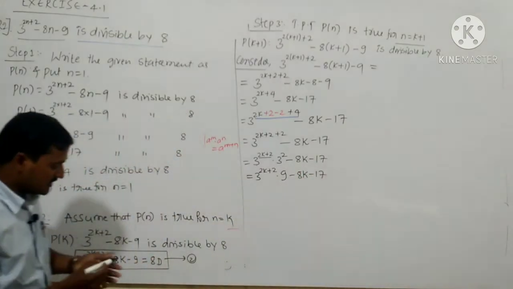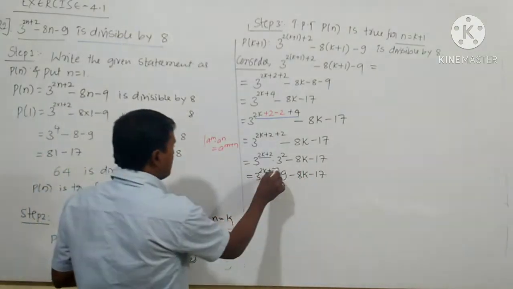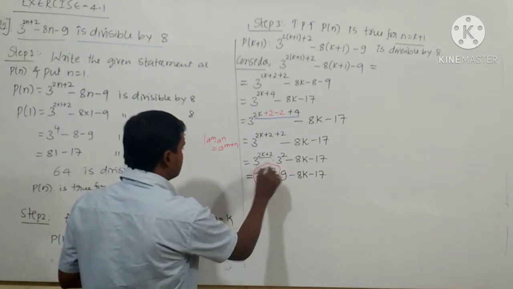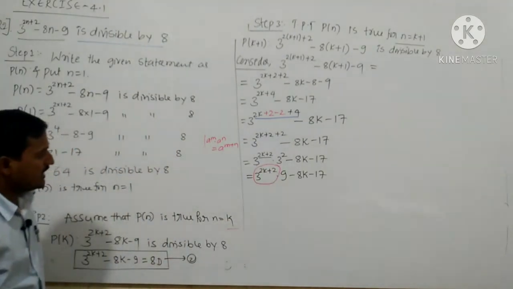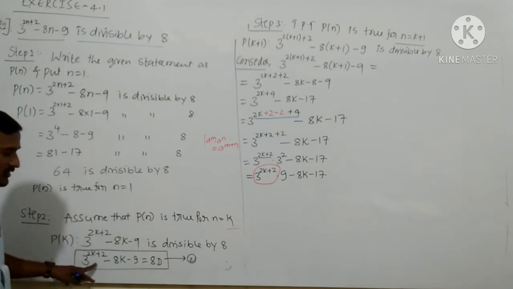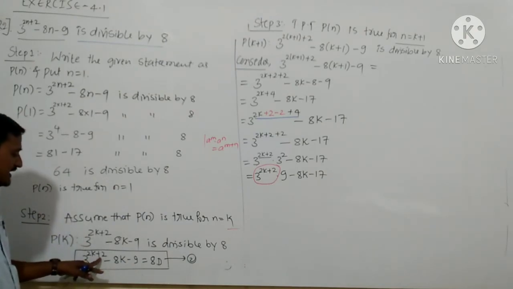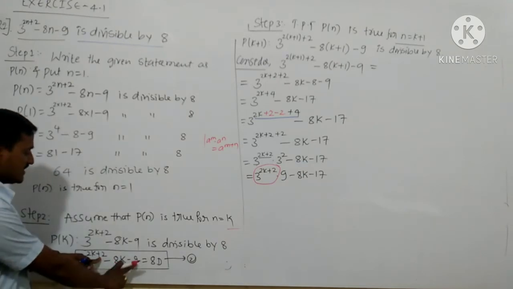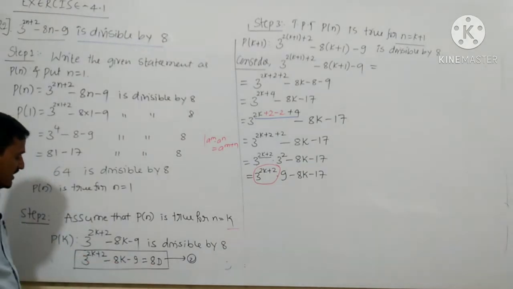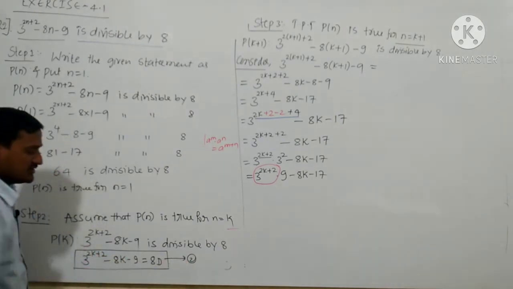Now here you should observe what is the value of 3 to the power 2k plus 2. From equation number 2, 3 to the power 2k plus 2 minus 8k minus 9 equal to 8d. Take these two to this side, hence they become plus.